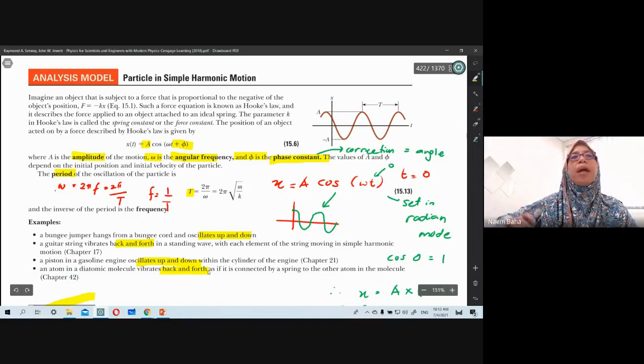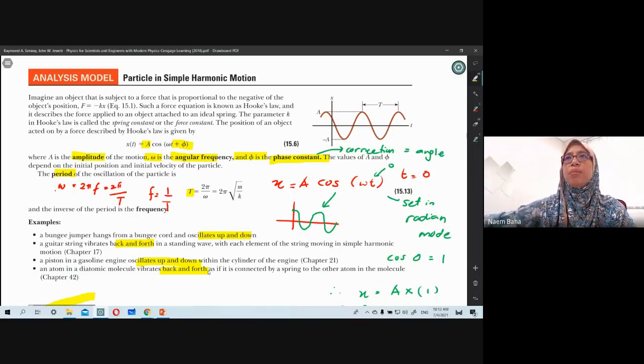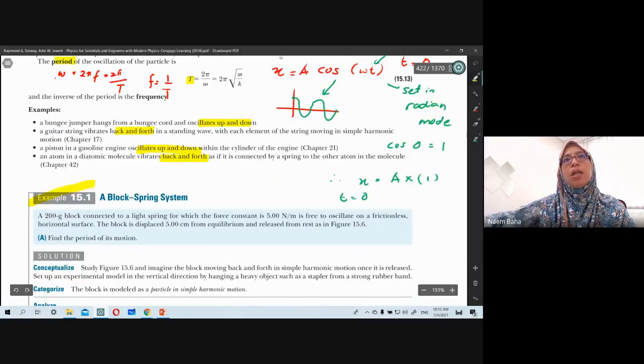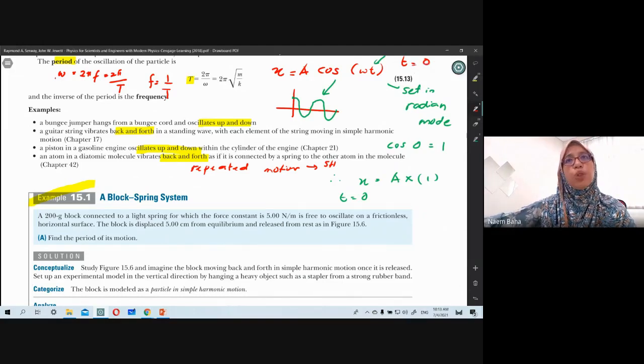The term back and forth, oscillation up and down, is what we call repeated motion. It repeats itself. Now this repeated motion is actually an indicator that it's a harmonic motion.